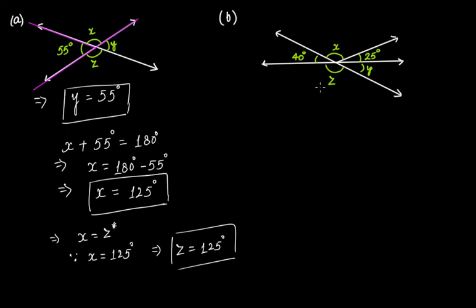Solve for this one. In this case, you can see that we don't have only two lines. We have a third line as well. This is one line, this is another line, and this one is the third line. So be very careful in this one.